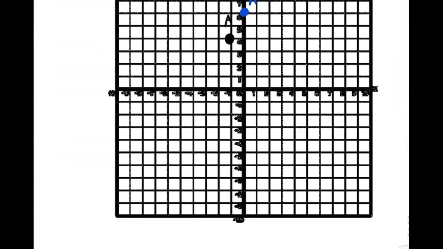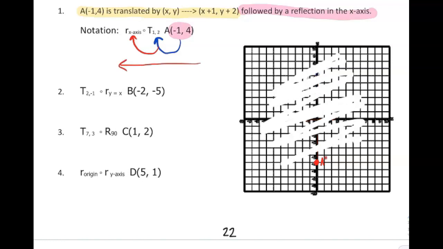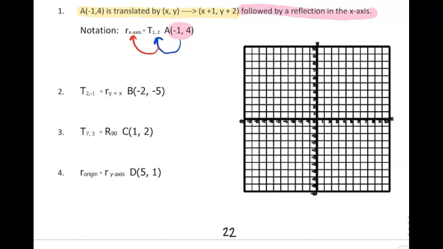So we're going to take this point and reflect it over the x-axis. So 1, 2, 3, 4, 5, 6. 1, 2, 3, 4, 5, 6. And that would be A double prime because we did 2 steps. The key is we're going right to left.